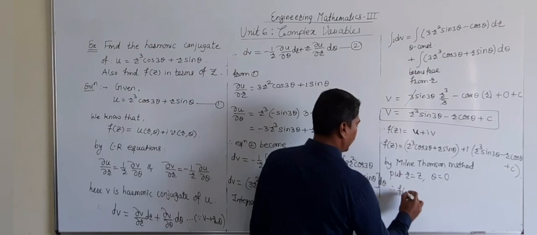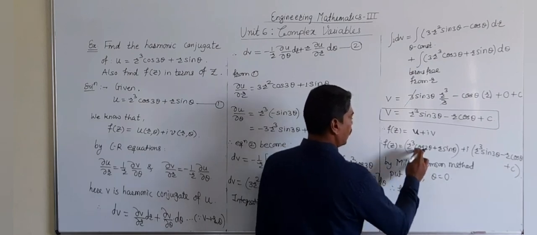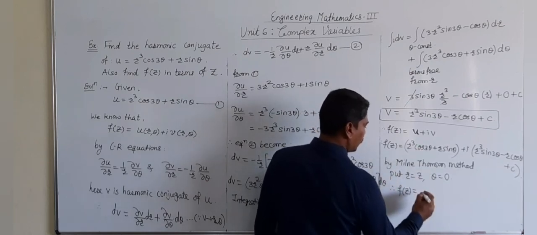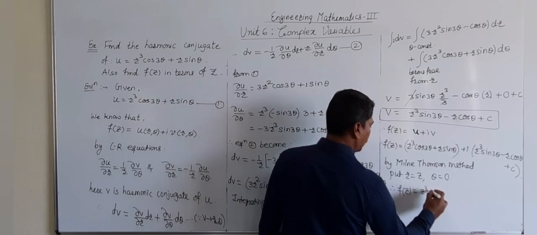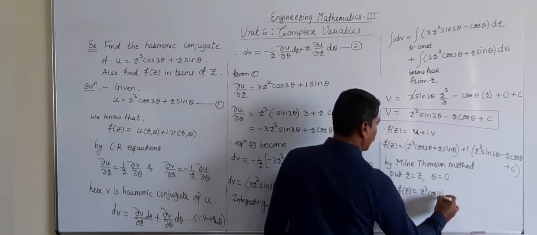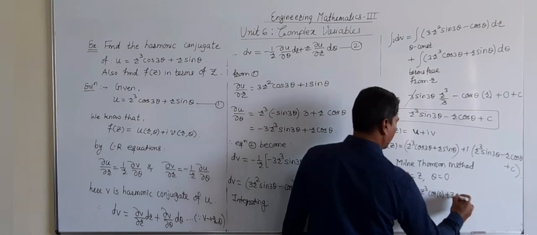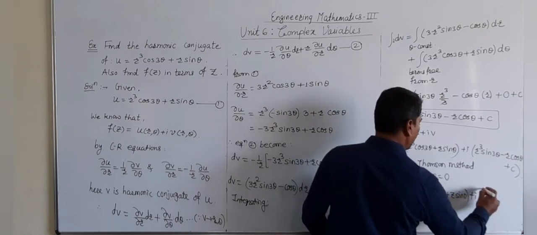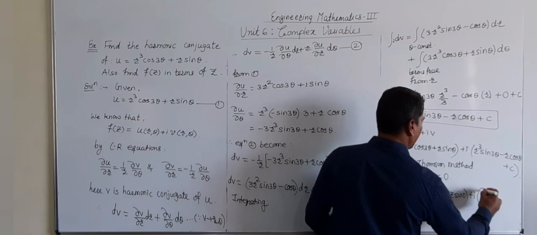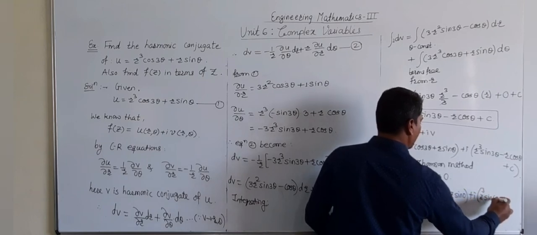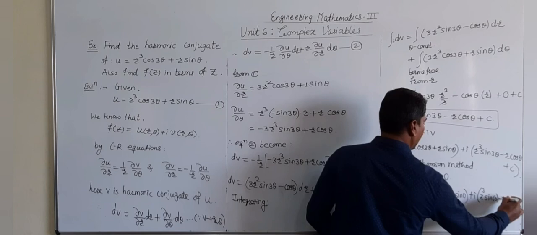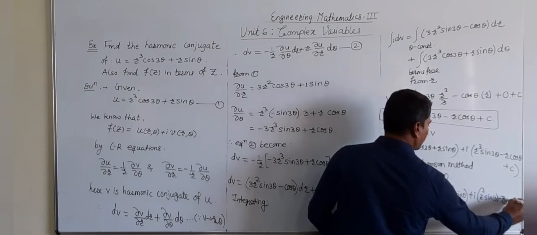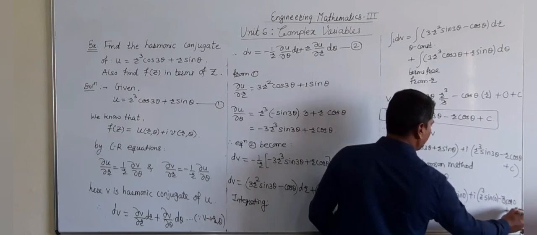And therefore f of z is equal to, by replacing r by z, we get z cube cos 0 plus z into sin 0, bracket complete, plus I into bracket z cube sin 0 minus r, instead of r we are replacing z cos 0 plus constant of integral c.